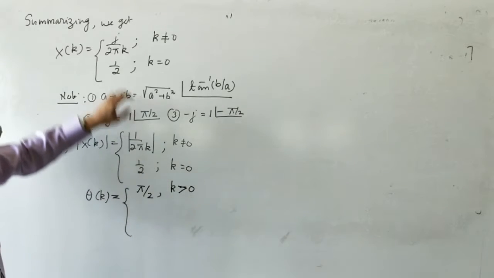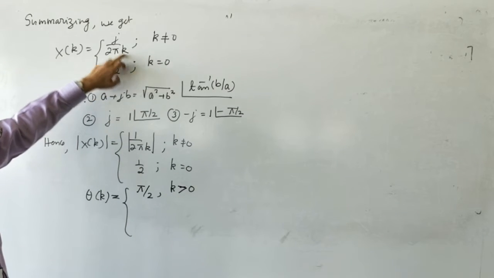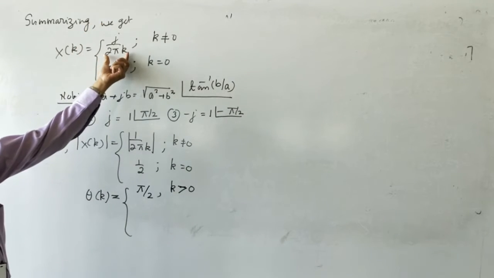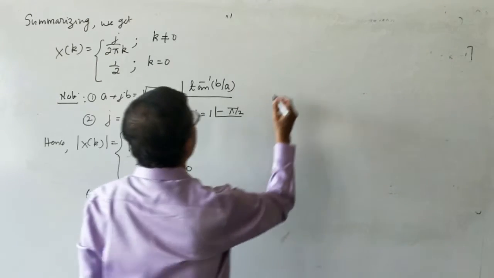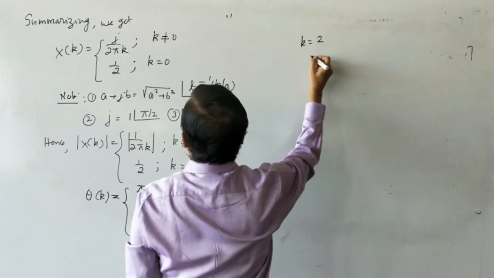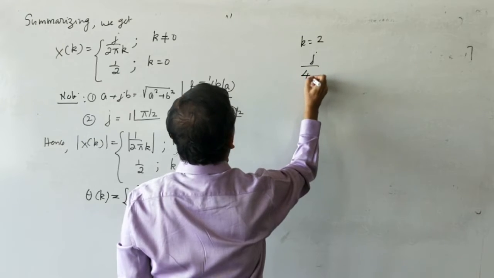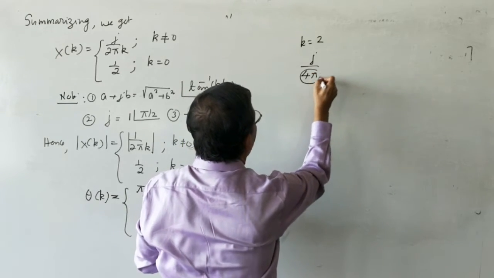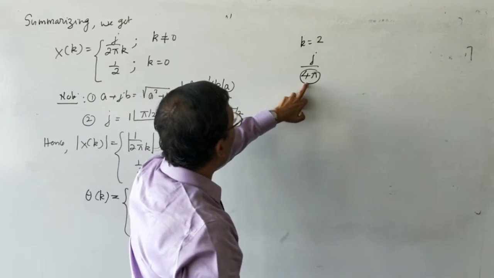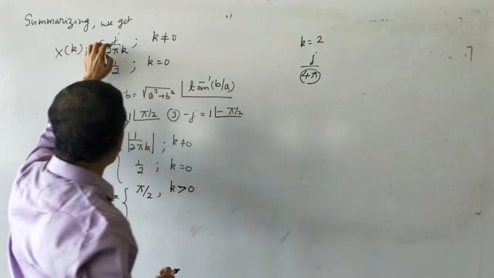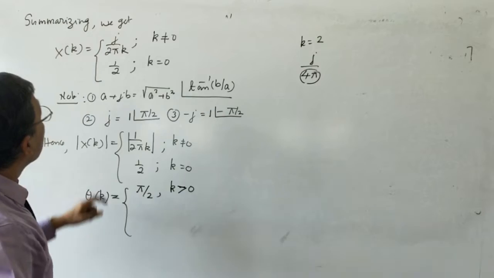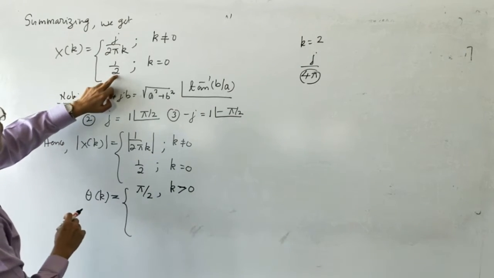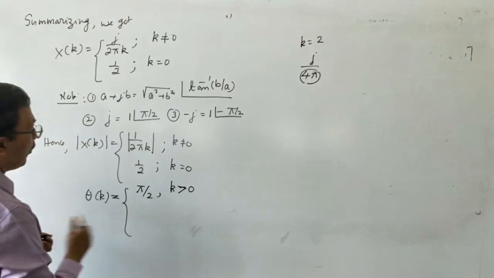K greater than 0 means take any positive value of k, you will have j. Let us take k is equal to 2. Then you get j divided by 4 pi. What is the angle of j? Pi by 2. What is the angle of 4 pi? 0. The constant will have an angle equal to 0. Angle is provided by j only. What is the angle of half? Angle of half is 0, when k equal to 0.